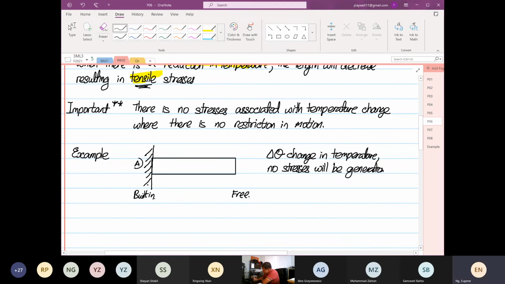Because if I call this point A and point B, point B is allowed free extension or contraction.